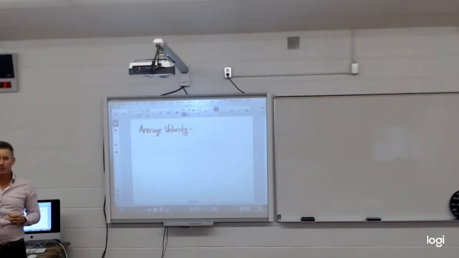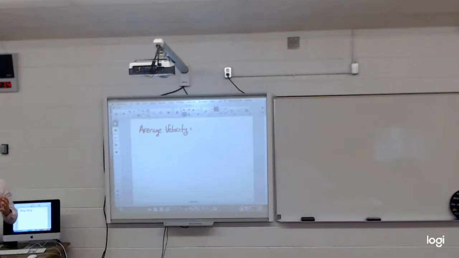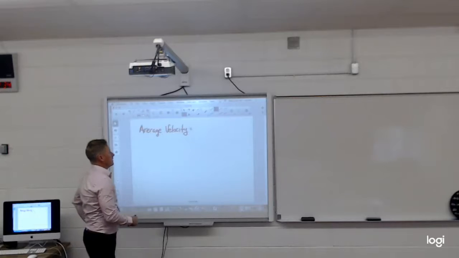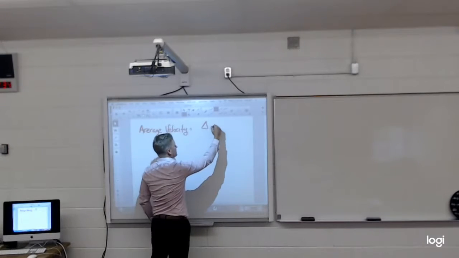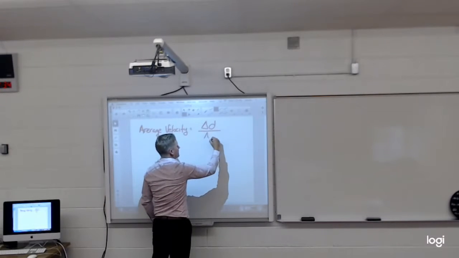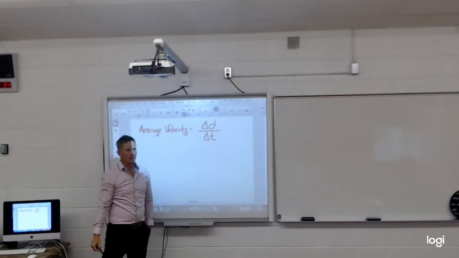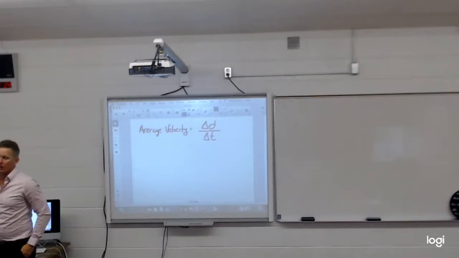So if we go in multiple directions, the main thing that you have to do is find your change in displacement and divide it by your change in time. Okay, you have to understand.